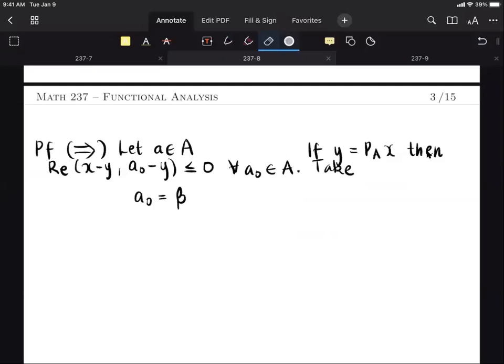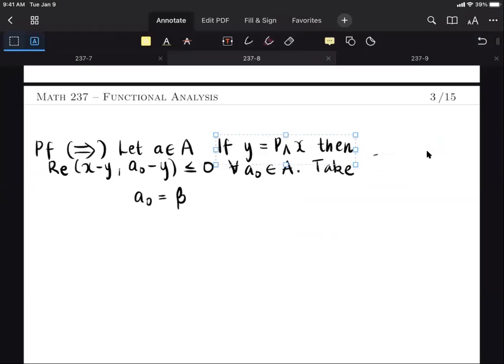We will pick a specific beta in the following argument. So it's not an arbitrary element.